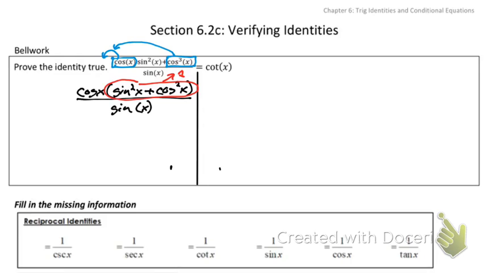And so we're just left with cosine x over sine x, which just equals cotangent x. And we are good.